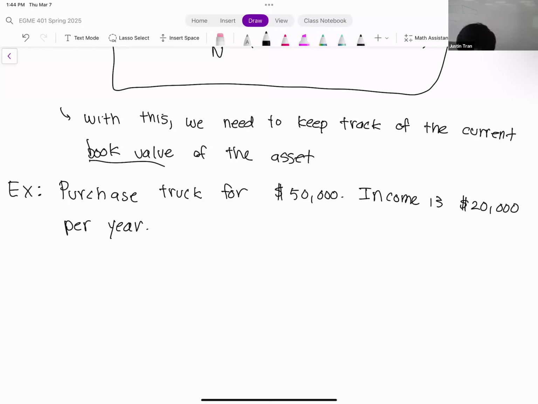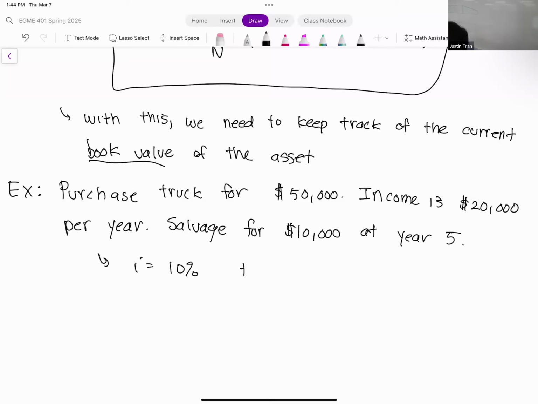We have the salvage value, so we're going to salvage it for $10,000 at year 5, just to keep everything consistent with the previous example. If we assume an interest rate of 10% and a tax rate of 21%, so exact same numbers from the previous example, let's compute the after-tax cash flow, but we're going to use declining balance depreciation.